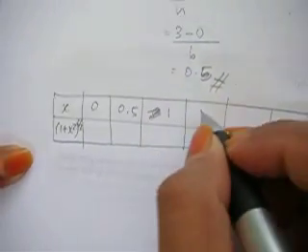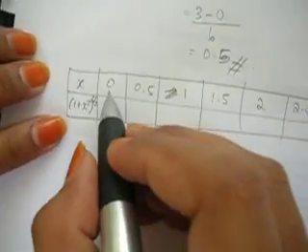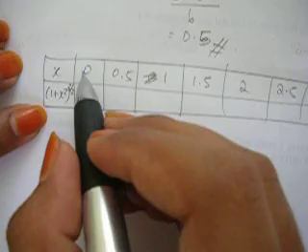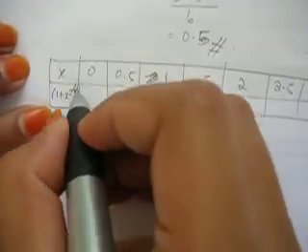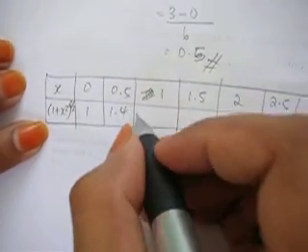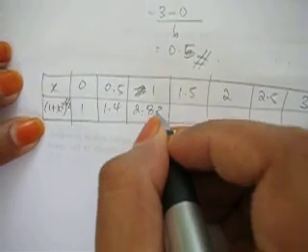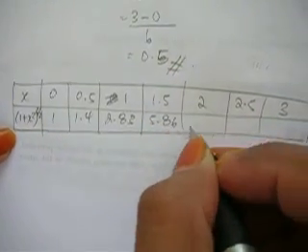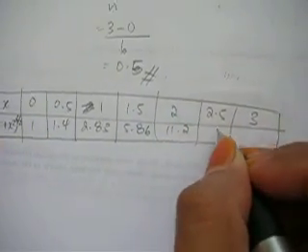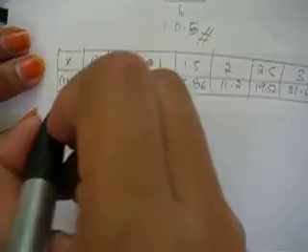So this would be 0, 0.5, 1, 1.5, 2, 2.5 and 3. We substitute each x value here, and we get the answers as 1, 1.4, 2.83, 5.86, 11.2, 19.52, and also 31.62.